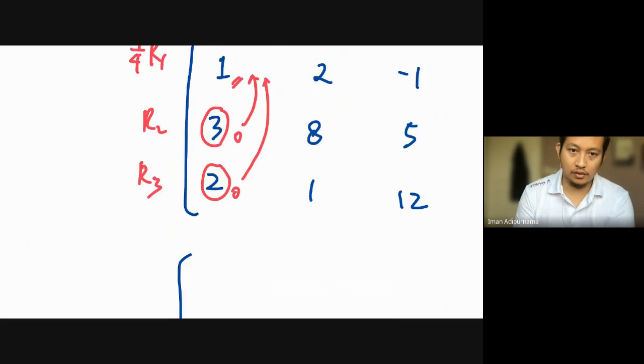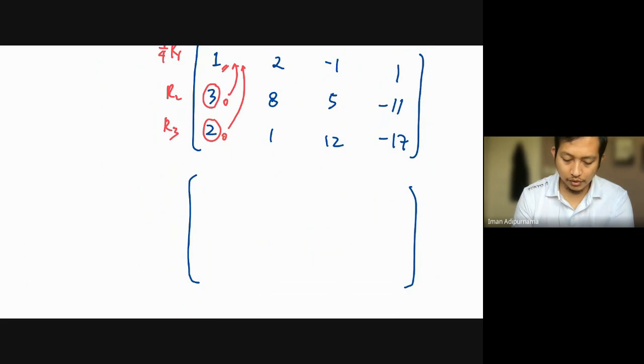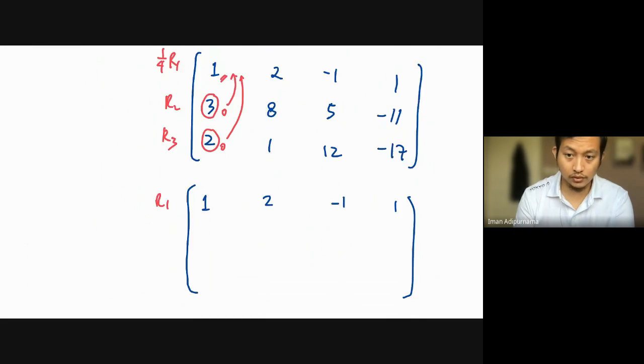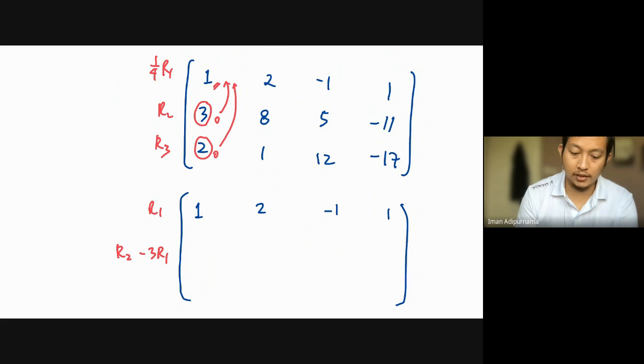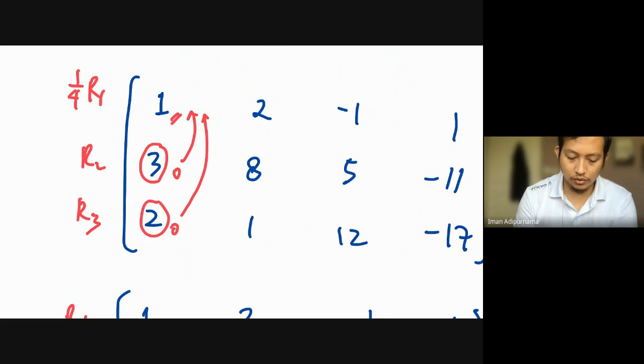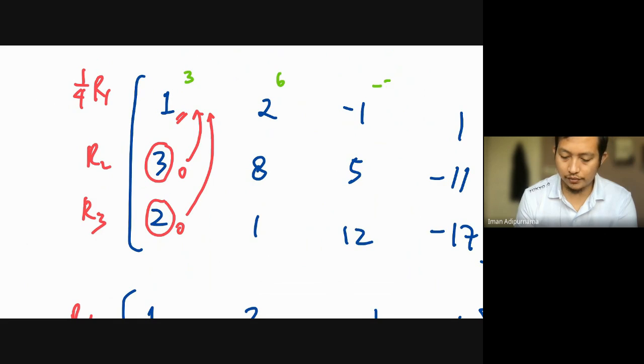Okay, so the first one, let me just write 1, 2, negative 1, 1. This is just R1 from the previous R1. Okay, and R2 becomes R2 minus 3 R1, because I want to take this 3 minus triple 1. And let's say we are going to multiply this by 3: 3, 6, negative 3, and 3.